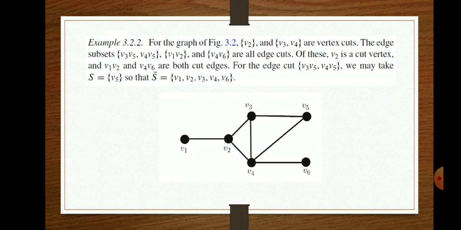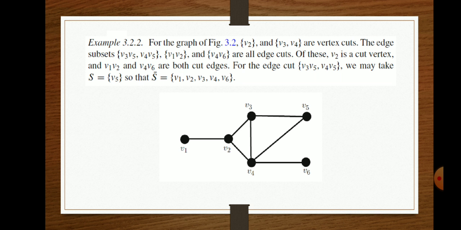So consider the example. In that graph, if you remove a single vertex V2, the corresponding edges incident to V2 are also removed. Then V1 is separated from the graph, and V3, V4, V5, V6 are separated from V1.